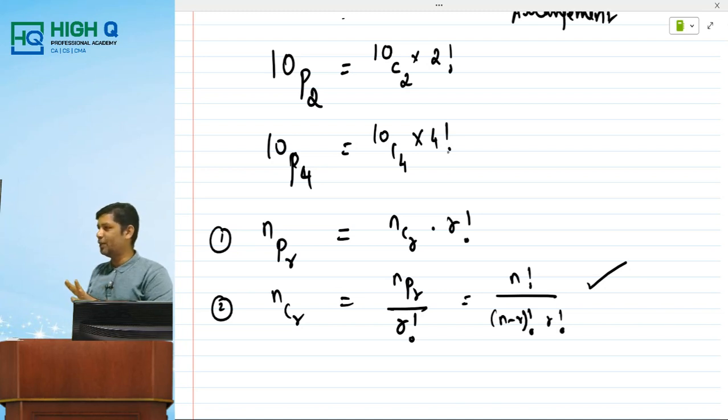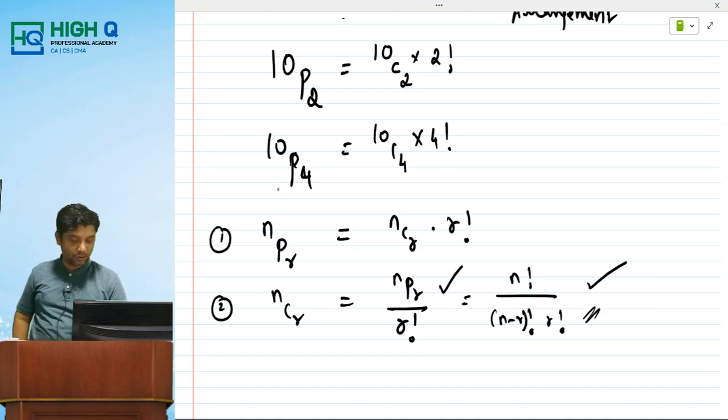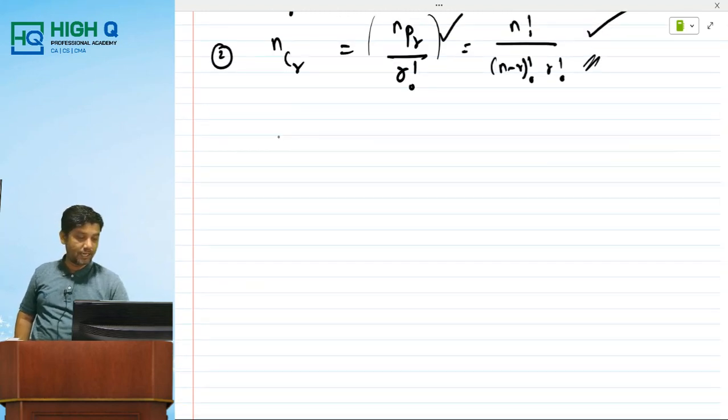You know how to find out nPr. So for example, look at this. You will always remember this formula for nCr instead of n factorial divided by r factorial into n minus r factorial. What is the advantage of remembering this? I'll tell you. For example, 5C3.